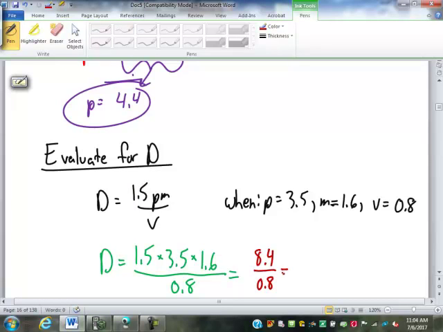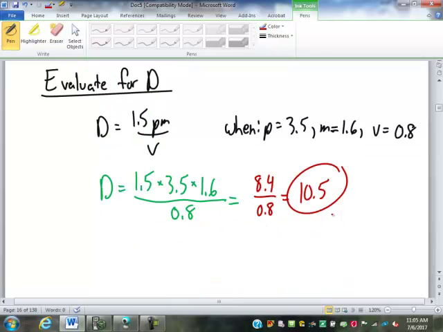Divided by 0.8. It is 10.5. So D equals 10.5. Any questions?